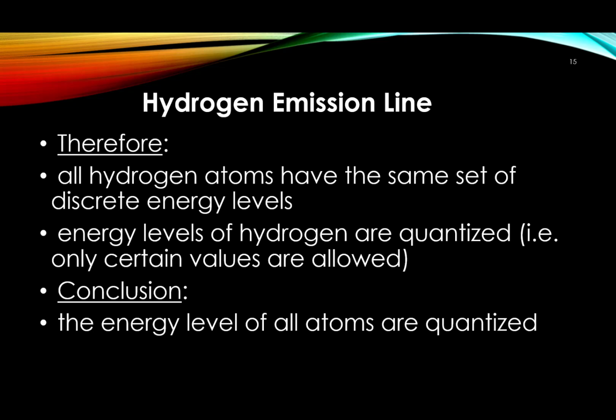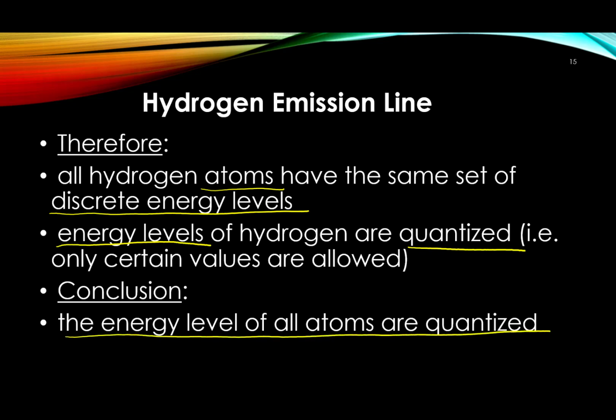That's why we say energy levels are quantized, because each atom has its own discrete energy levels. That applies to hydrogen and to any other atom. Energy levels of all atoms are quantized.